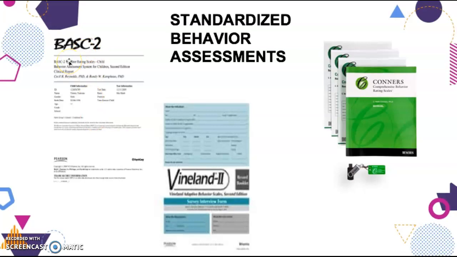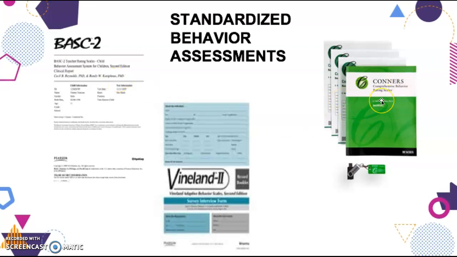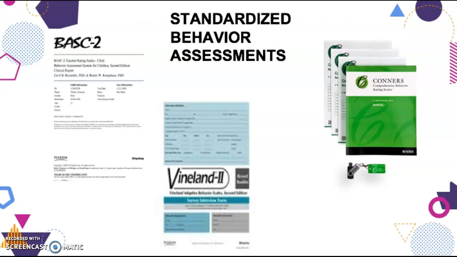You have the behavior rating scales, you have the behavior assessment system for children, you have the Connors rating scales. These are checklists or scales that the teacher fills out, the parent fills out, people that work with the student fill out, and then you're able to target specific areas of need that you can, again, provide reinforcements or interventions to support that student.